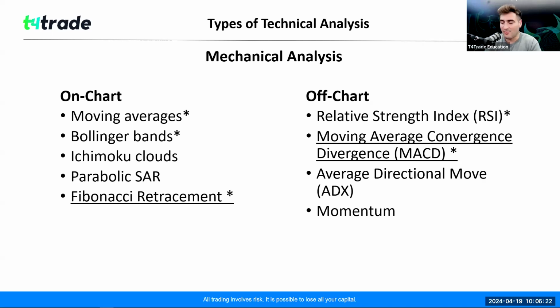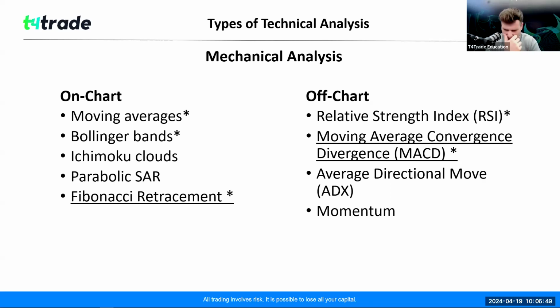You're going to find them on top of price action, whereas on the other side, the other branch of mechanical analysis is what we call off-chart indicators, which can be found in a separate window below the price action. It's not going to be overlaid on top of price action. It's going to be below that on a different segment.